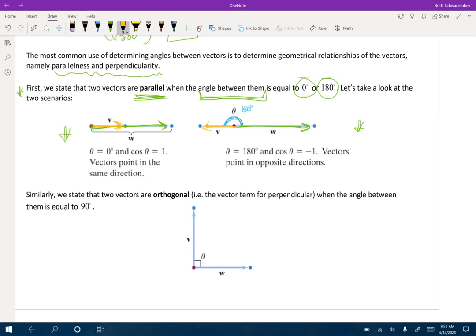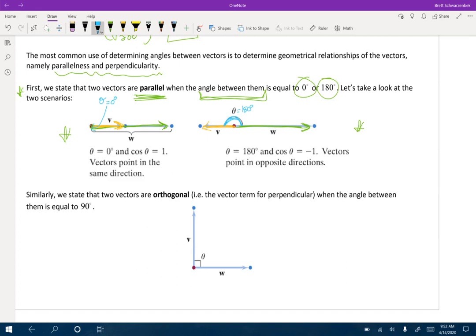If you look at this, we literally have two vectors on top of each other, which means there is no angle right here. So therefore theta is actually 0 degrees. So again, if we have an angle between two vectors of 0 degrees, we also consider them to be parallel.